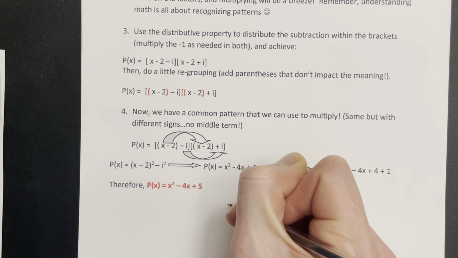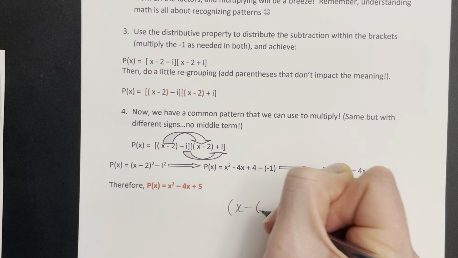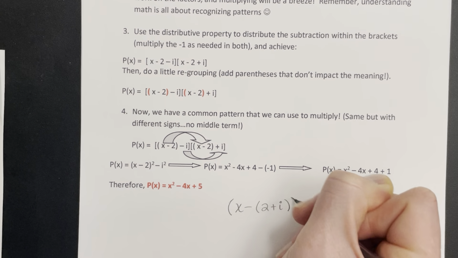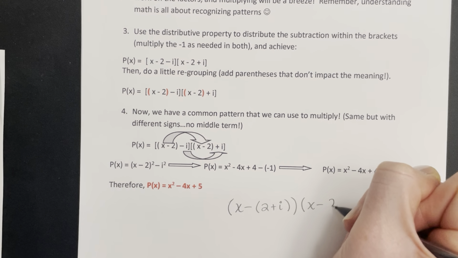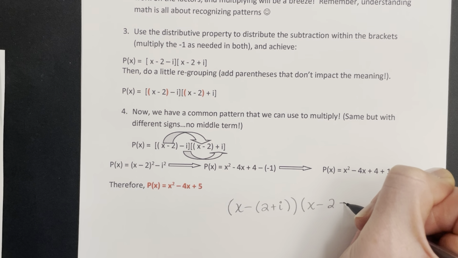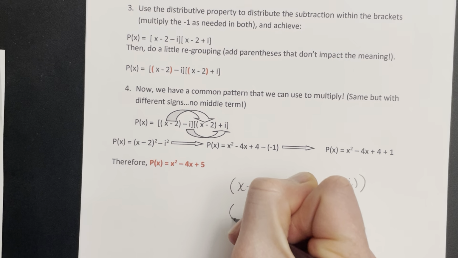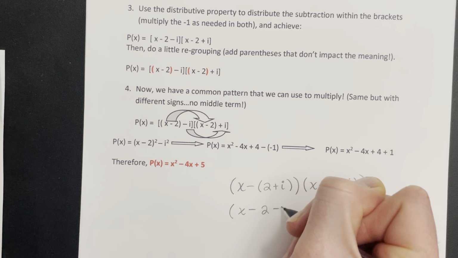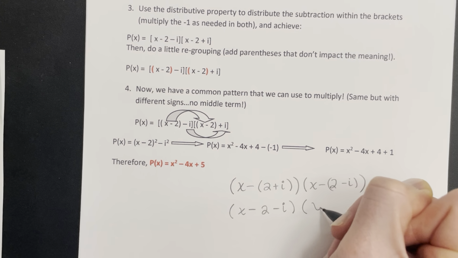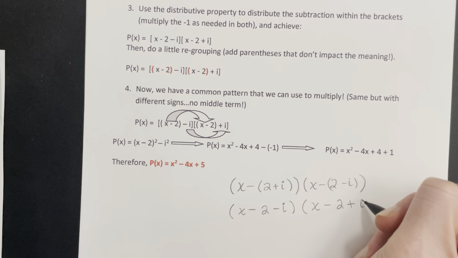So I'm just going to rewrite it down here. (x minus 2 plus i) times (x minus 2 minus i). If you distributed that out, that would say (x minus 2 minus i) times (x minus 2 plus i).